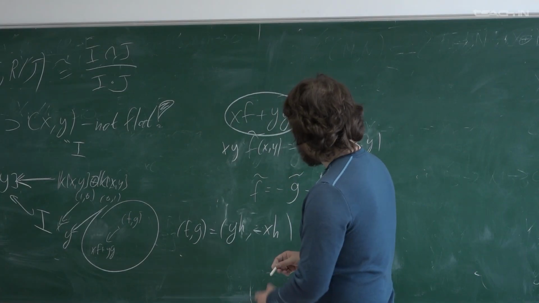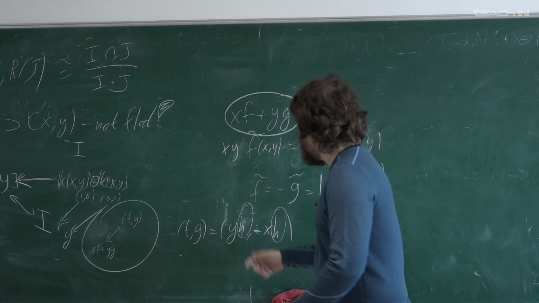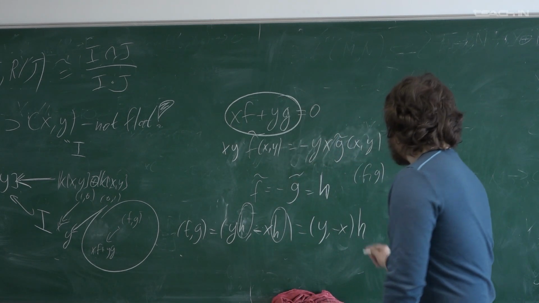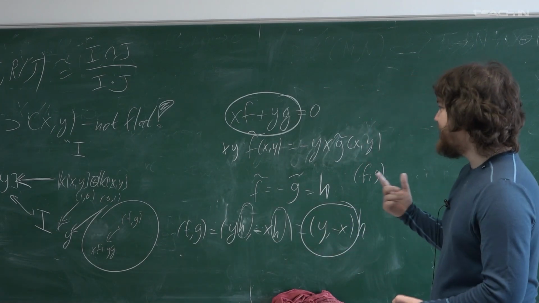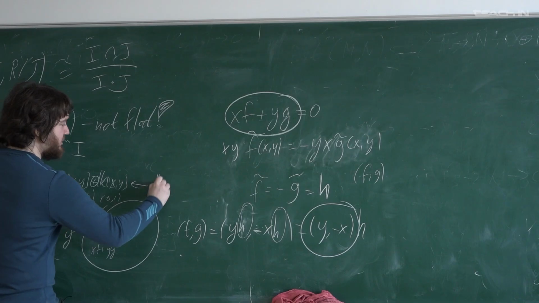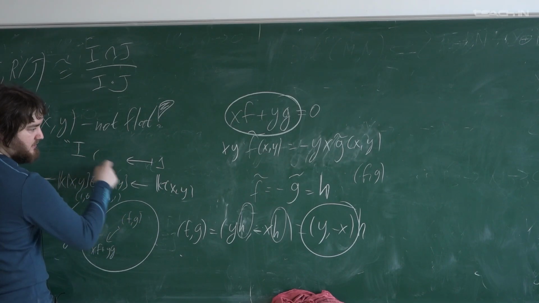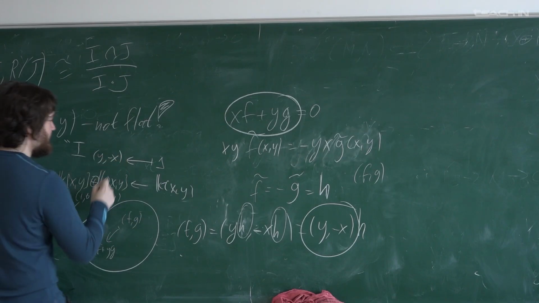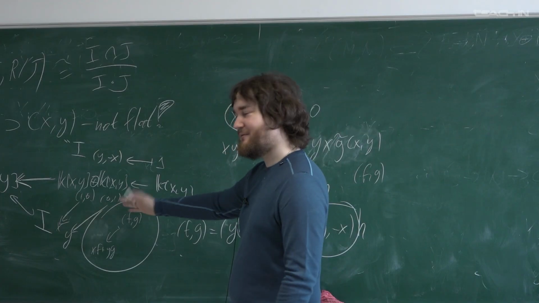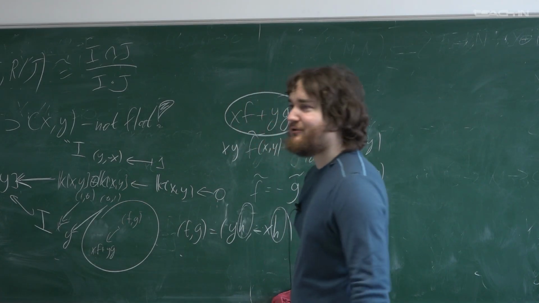So in fact, this kernel is generated by one element, (y, minus x), so it's cyclic. So it's the image of a one-dimensional free module which sends 1 to this element, and any other polynomial to that polynomial times it. This is a surjection onto the kernel, and in fact this map is an injection. So it's the end of the free resolution.